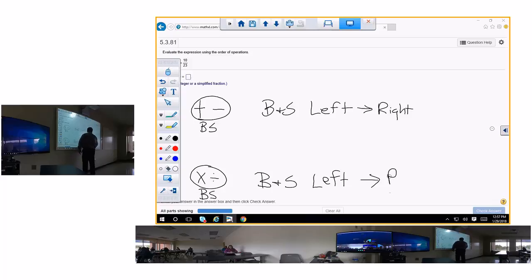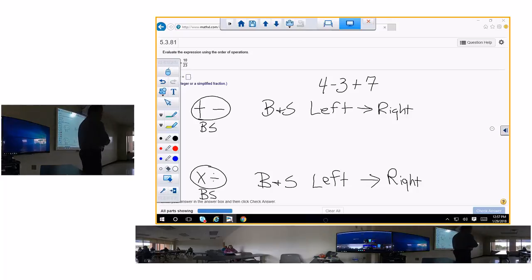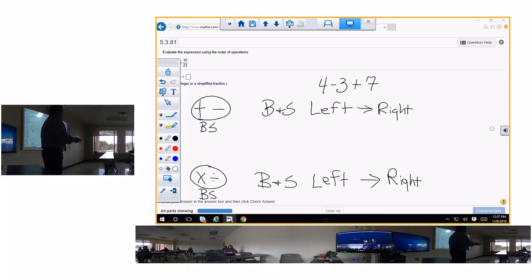I'll give you an example. Let's say we have 4 minus 3 plus 7. Now, sometimes you can do, please excuse my dear Aunt Sally, and you get it the same as if you do left to right, but not all the time, especially with fractions.